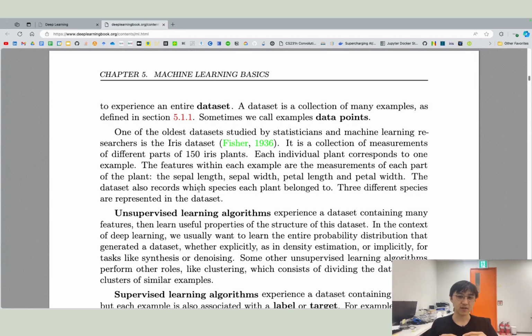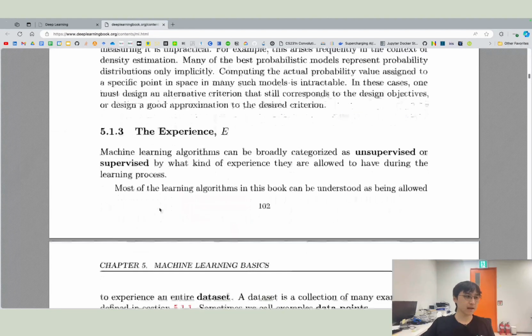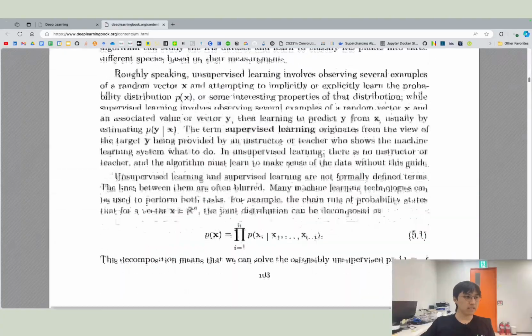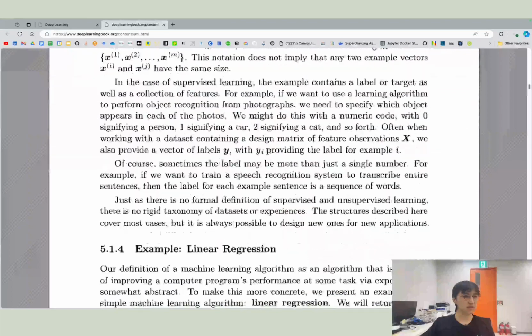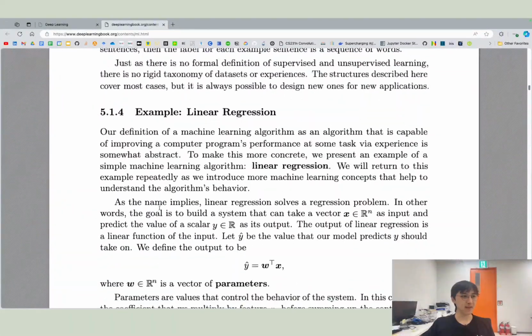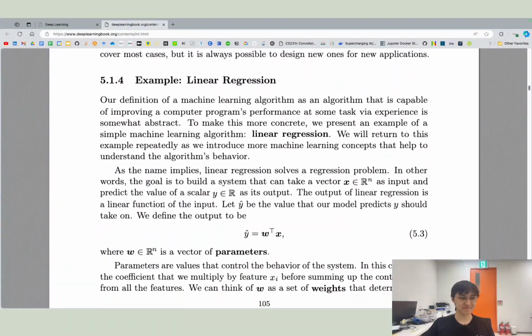In our case, for example, if your machine learning model should predict whether this image contains a cat or dog, in that case, the label or target is indeed the class name, cat or dog. That's all. We talked about experience, about performance, about task.